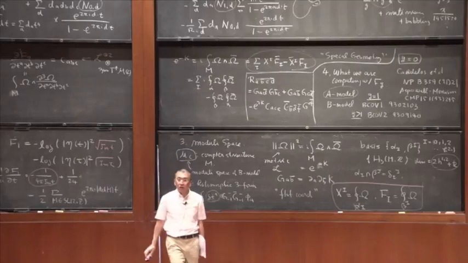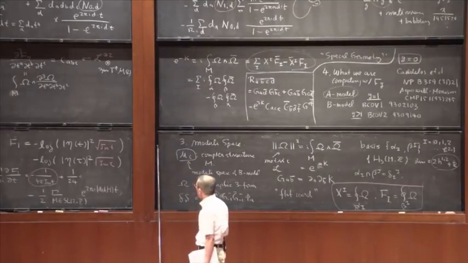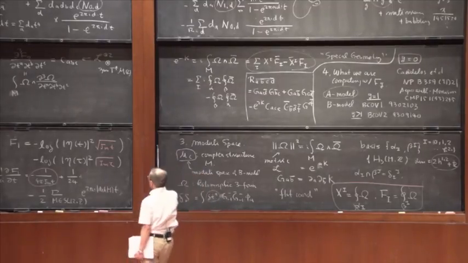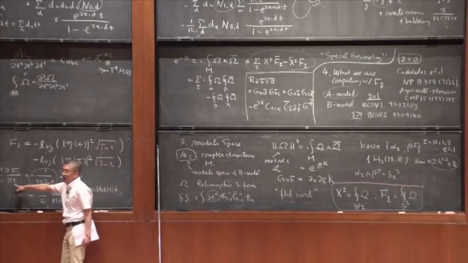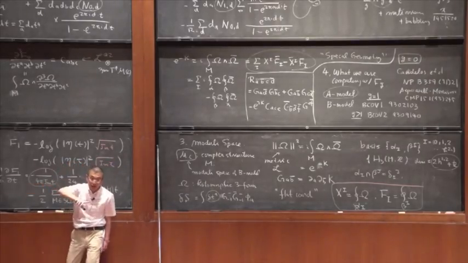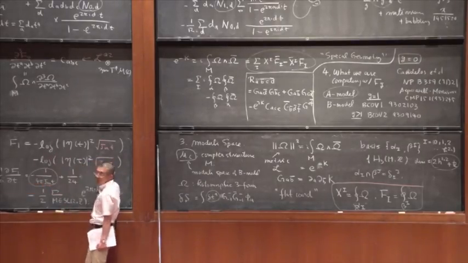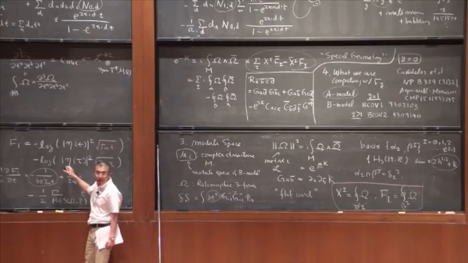You have a question? Yeah. Is it a sum of the A model and B model? This is a sum of the A model and B model here. But if I take the derivative with respect to T, which is well defined in the A model, this entire piece drops out. Why does it make sense to consider a sum of the A model and B model answer?